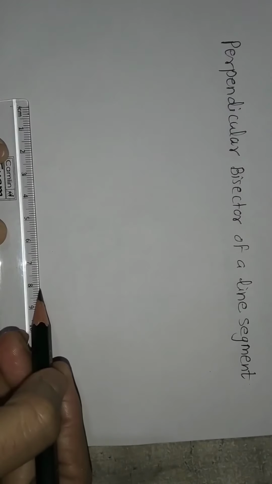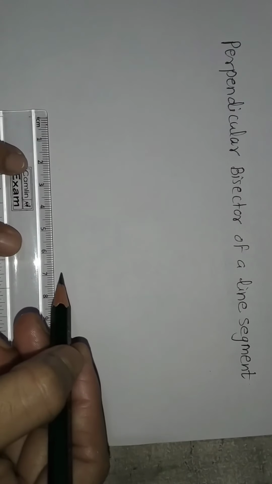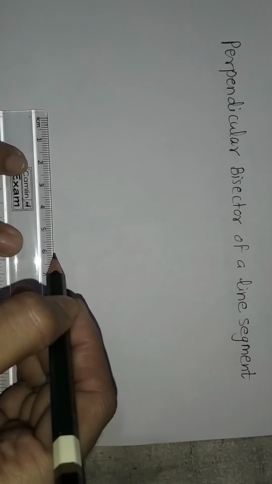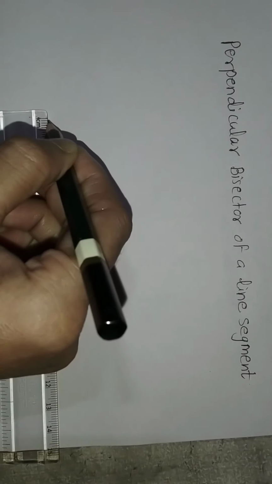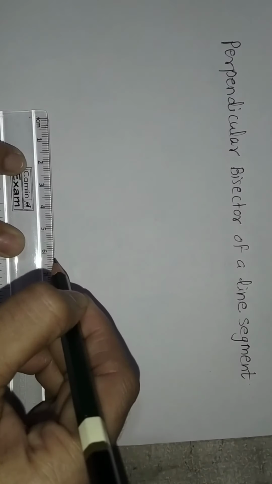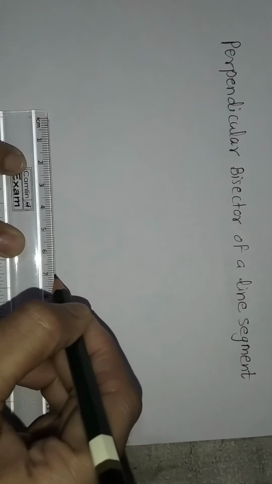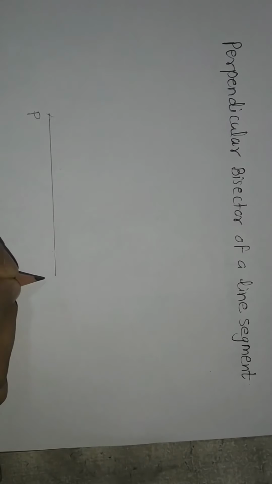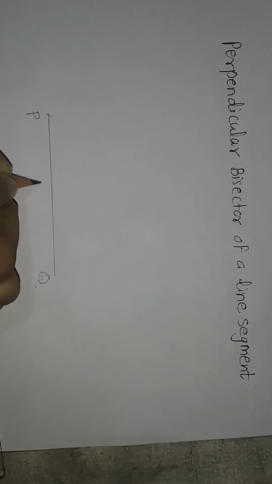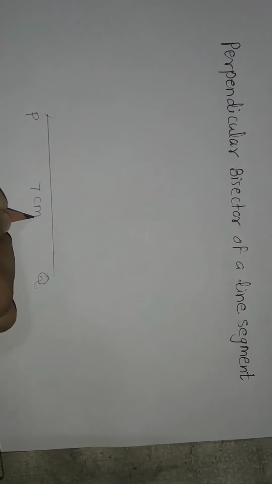You can take the measurement of any length. Here I have taken 7 centimeter. You can see. Label it by giving two alphabets P, Q. 7 centimeter. Okay. Now, after drawing the segment, take the compass.